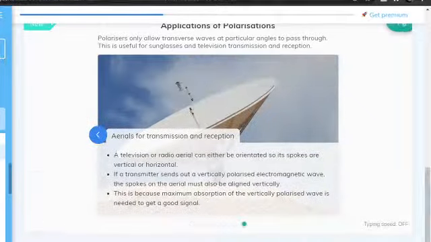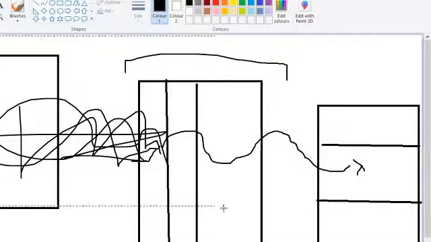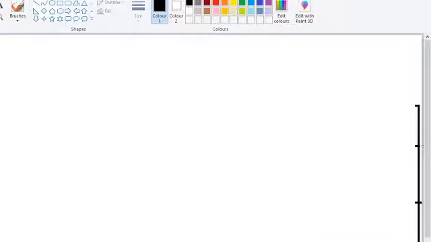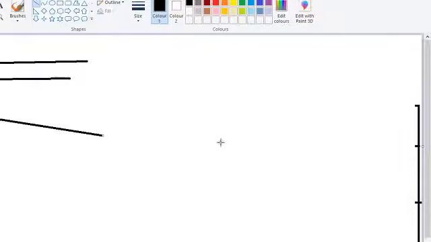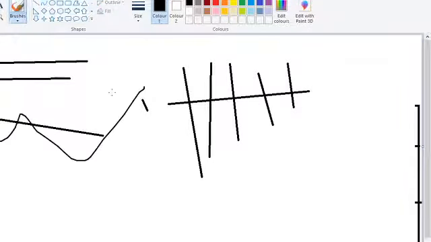And aerials. If you've seen your TV aerial, it looks either like this, or like that. This one only lets in horizontal waves, while this one only lets in vertical waves.